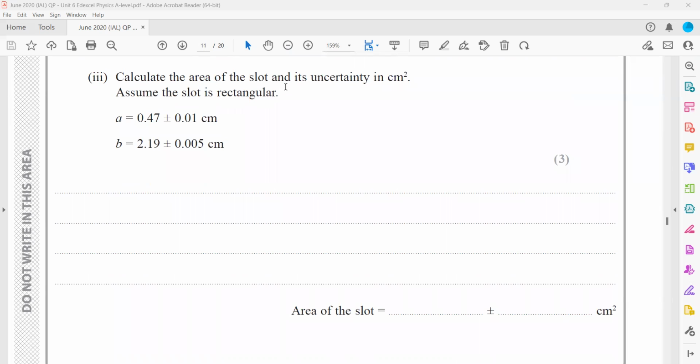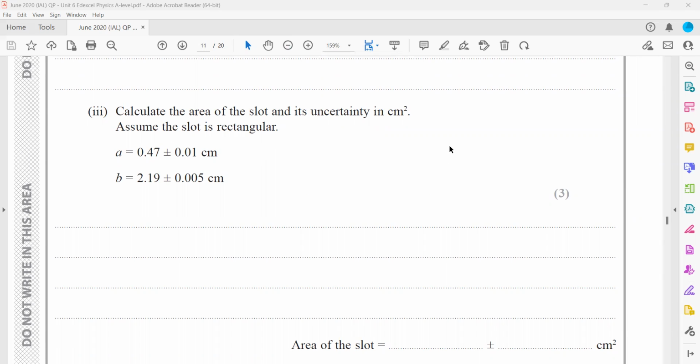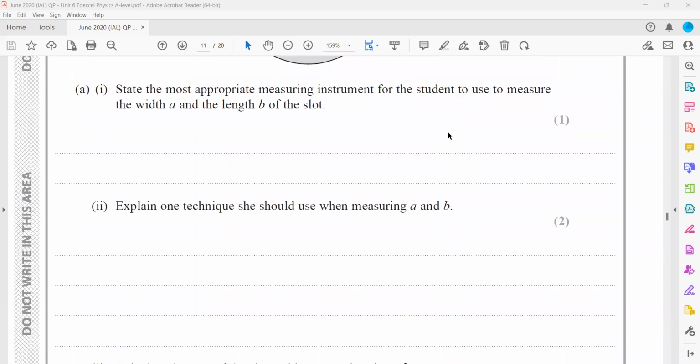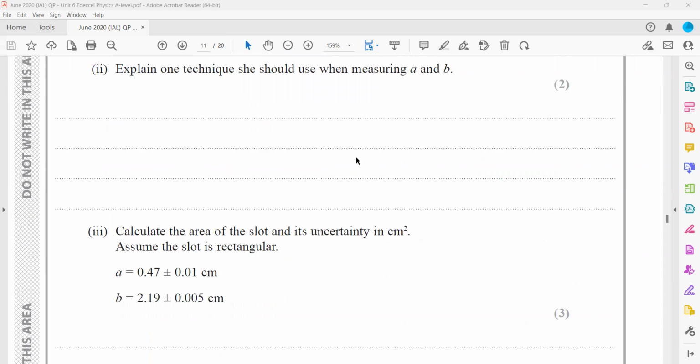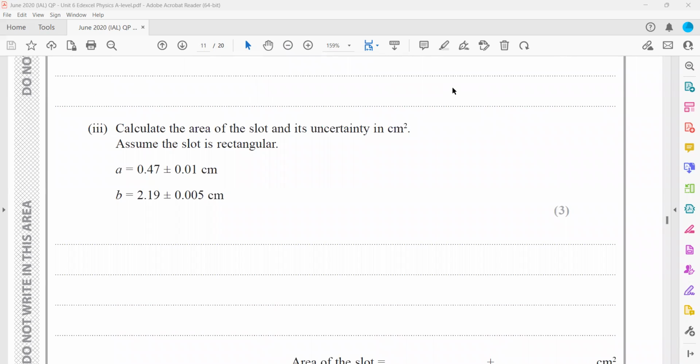Calculate the area of the slot and its uncertainty in centimeters squared. Assume that the slot is rectangular. So A and B values are there. We want the area. Area is length multiplied by width. We assume it is rectangular. So area we can directly find, but how do we work out the uncertainty?